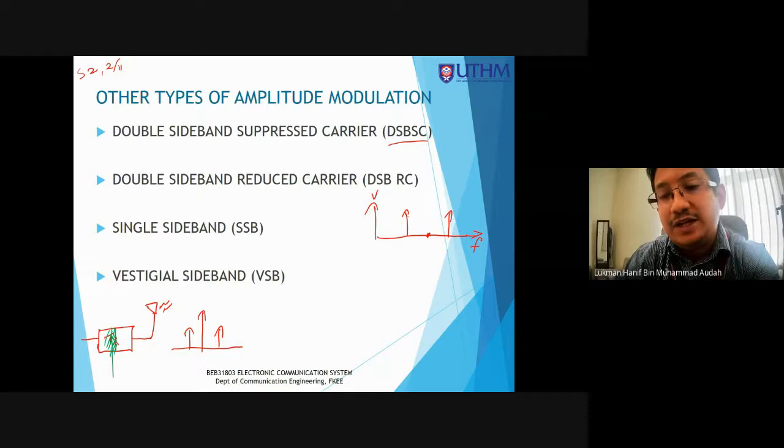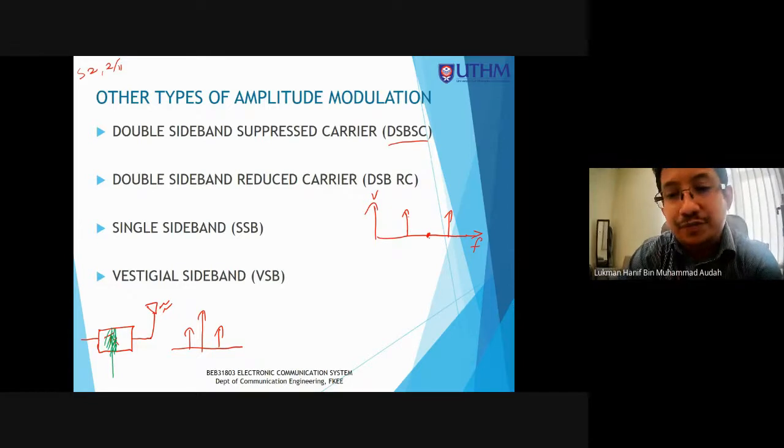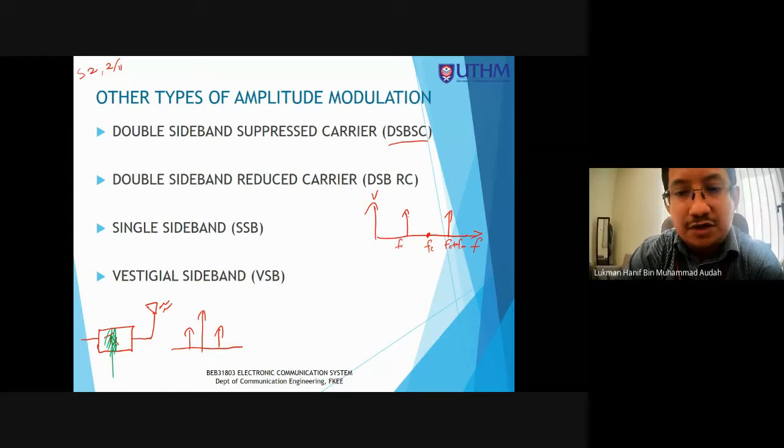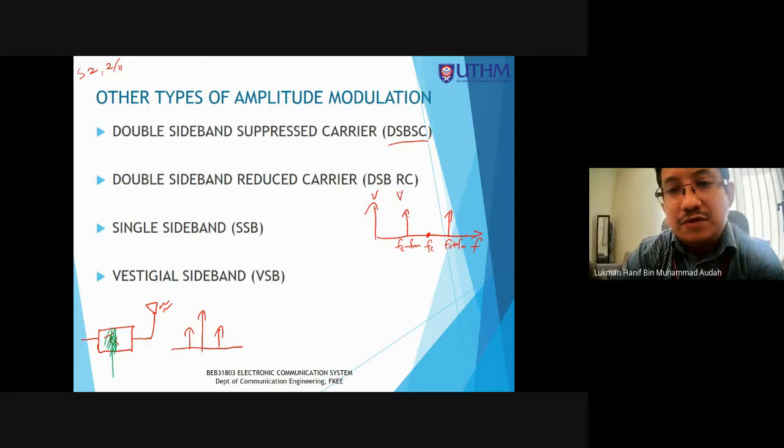Suppressed carrier means we have suppressed 100% of the carrier component. So this is Fc plus Fm, Fc minus Fm. This is the location of the upper sideband and the lower sideband. And regarding the amplitude, this is VLSB, this is VUSB.